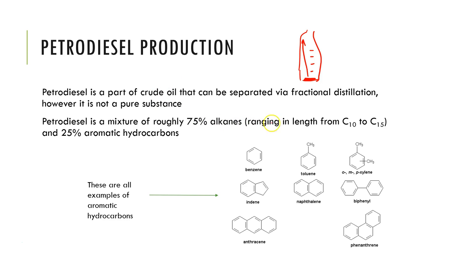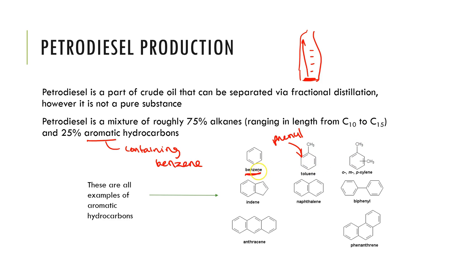Usually it's around 75% C10 to C15, and it contains some aromatic compounds. When we talk about aromatic compounds, we're not talking about a strong aroma or being smelly. They contain benzene rings, an aromatic ring. When we see this in another group, we refer to it as a phenyl group.